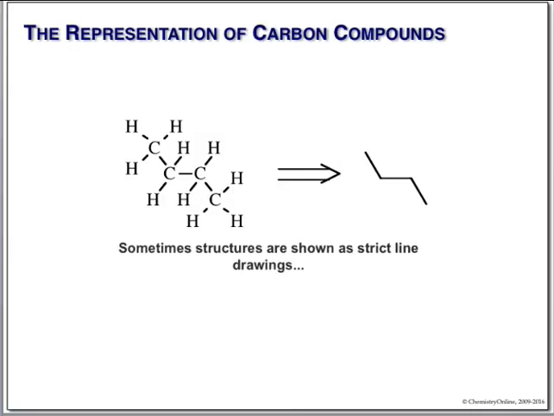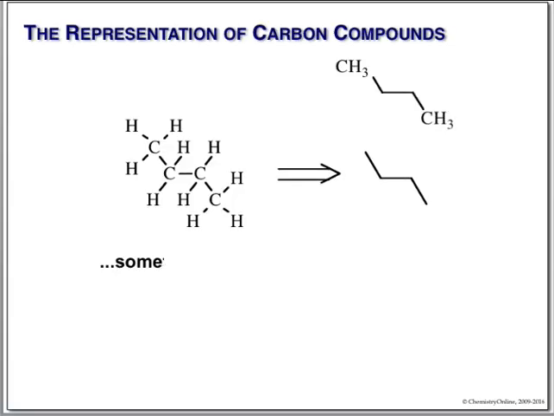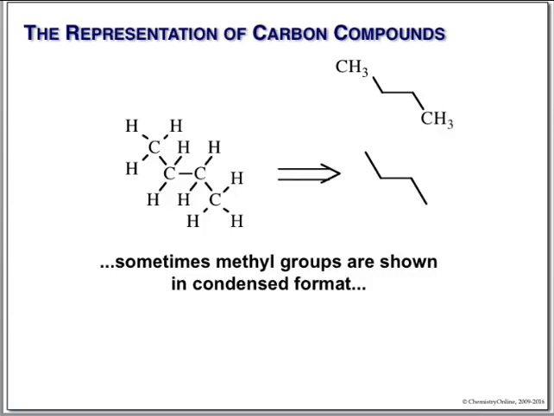However, you will see lots and lots of different representations. Here's our line structure for our 4-carbon alkane. And again, we have 1, 2, 3, 4 carbons in the alkane. Sometimes, to help you, people will put CH3s on the end, just to help you remember that the truncated line is a CH3.